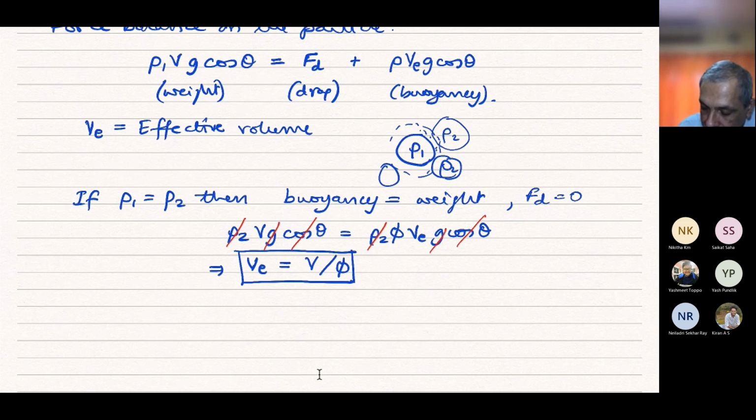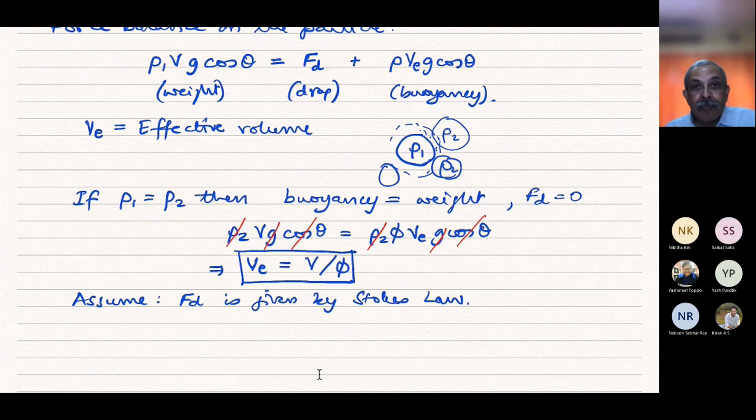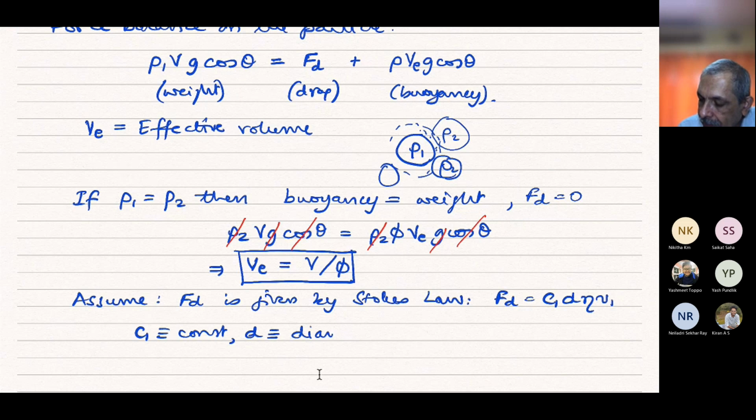Now, if we further assume that Fd is given by Stokes' law, since the viscosity is so high, then you actually have Fd is some constant, I'm calling it C1, into d, into eta times V1, where C1 is a constant, d is of course the diameter of the particle, eta is the viscosity, and V1 is the velocity that we want to find out.